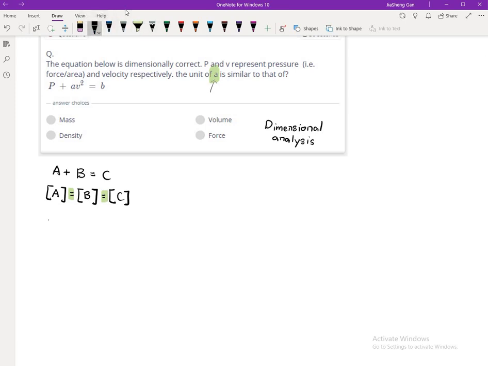What does it mean? It means you can add up 3 kg plus 2 kg. It's okay to do so, but it's not okay to add up 3 kg plus 5 seconds.